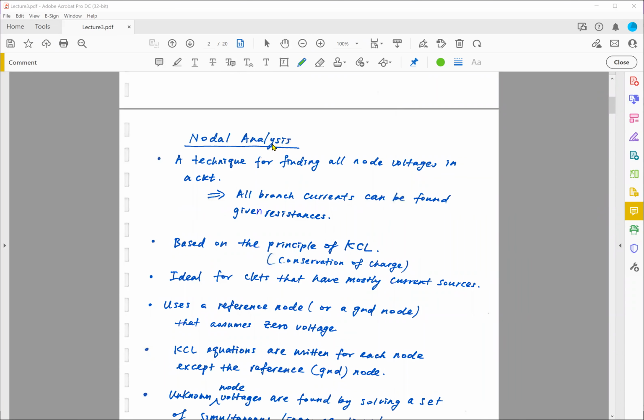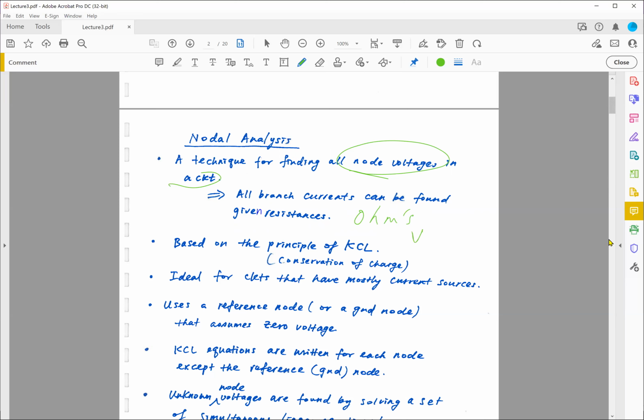So what is nodal analysis? Nodal analysis is a technique that you can use to find all node voltages in a circuit. And the branch currents can be found if resistances are given to you. And this is based on simple Ohm's law.